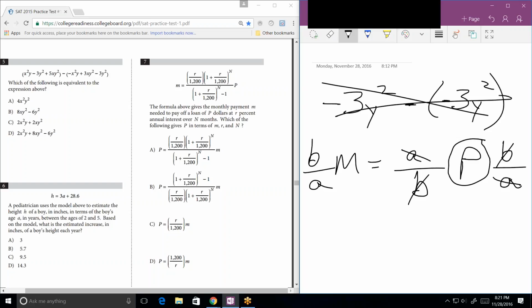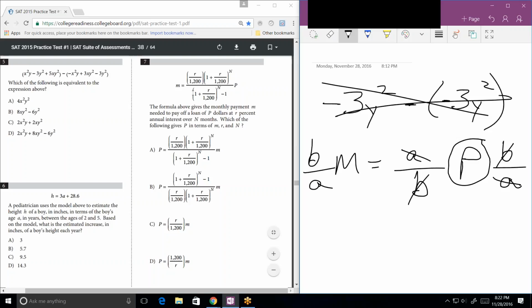It'd be B. Notice what B is. They have multiplied by the denominator and they have divided by the numerator. That is easy.